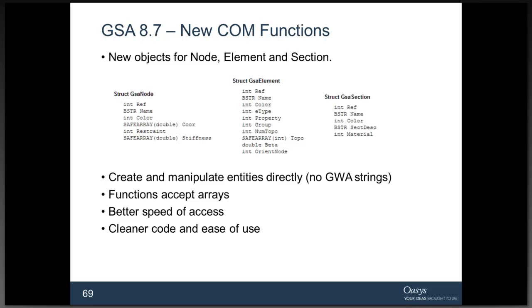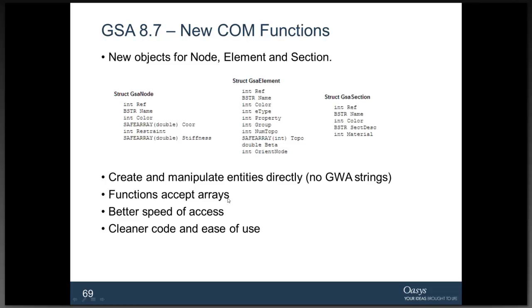So what we have in GSA 8.7 is direct objects for nodes, elements, and sections. What we mean by that is you have these structs which have been exported on the GSA COM interface, and they have these fields. All you need to do is create objects of these structs, populate the fields, and feed them back into GSA using functions that accept arrays of these objects.